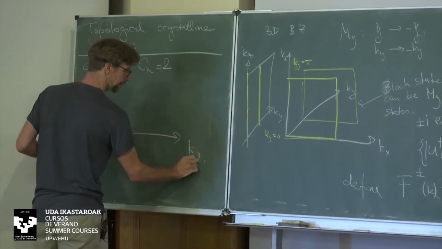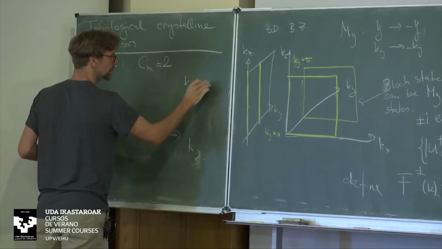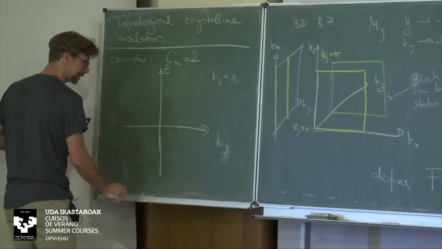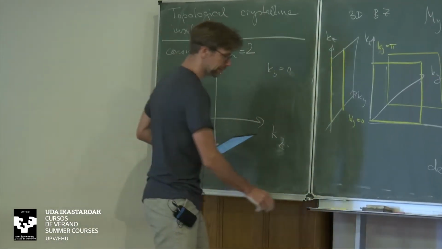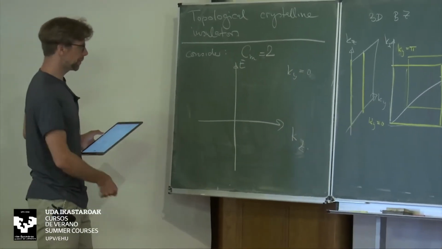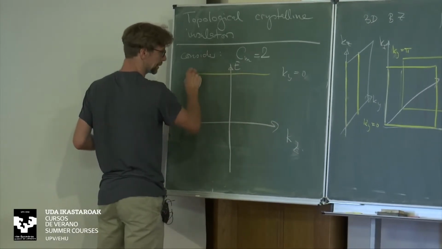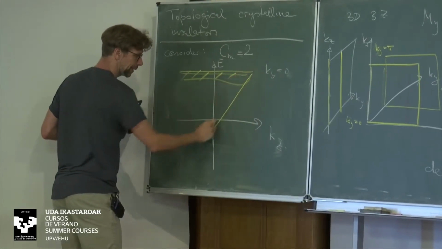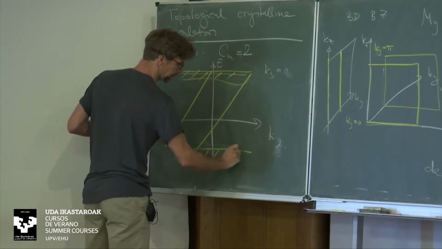kz for, let's say, ky equal to 0, the energy spectrum, what I would find is, if I just draw for one subspace, let's say for the plus subspace, I have a Hall effect with Hall conductivity 2, so I have a bunch of bulk bands, and then what I know is that I have to have two chiral edge states in this surface Brillouin zone, right?